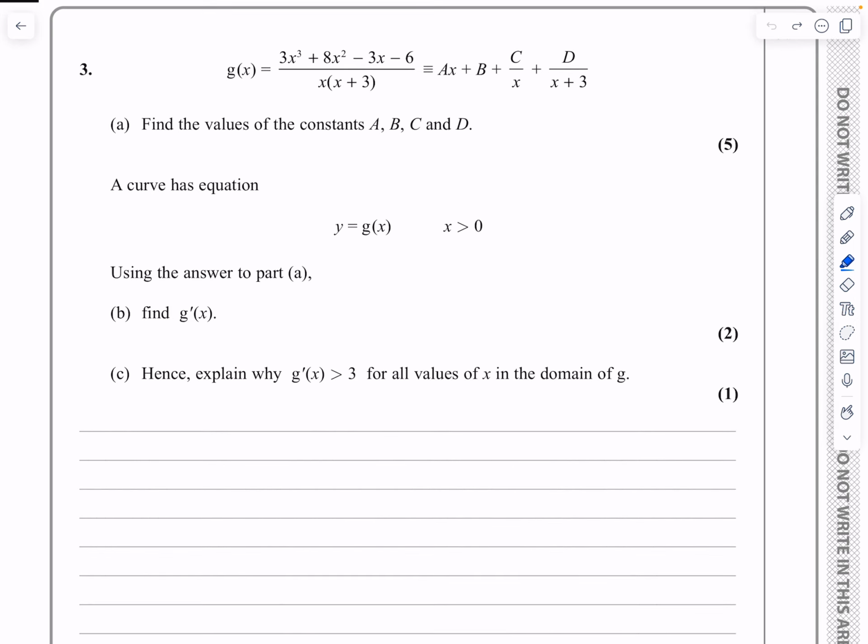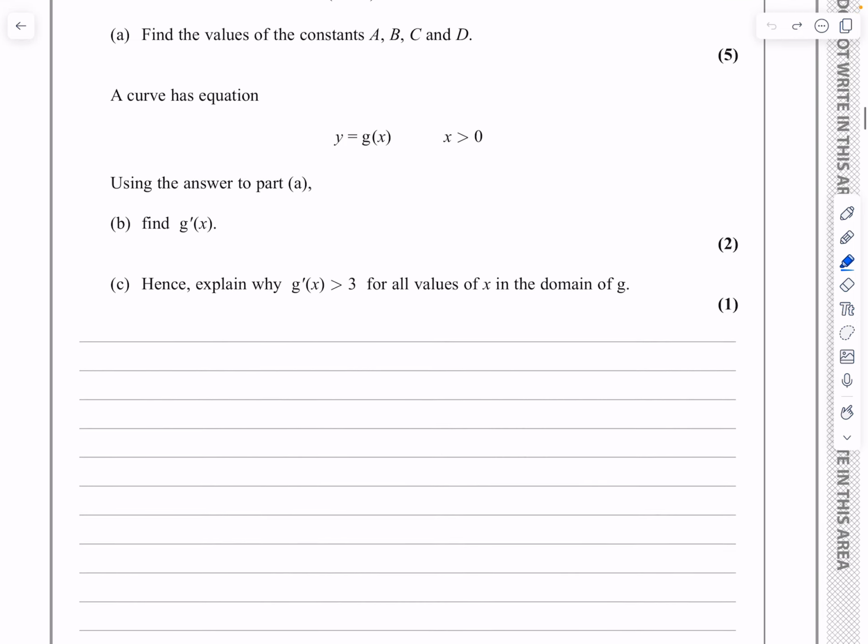It says g(x) is given by 3x cubed plus 8x squared minus 3x minus 6, all divided by x(x plus 3). But that's identical to ax plus b plus c over x plus d over x plus 3. And they're asking us to work out the values of the constants a, b, c, and d.